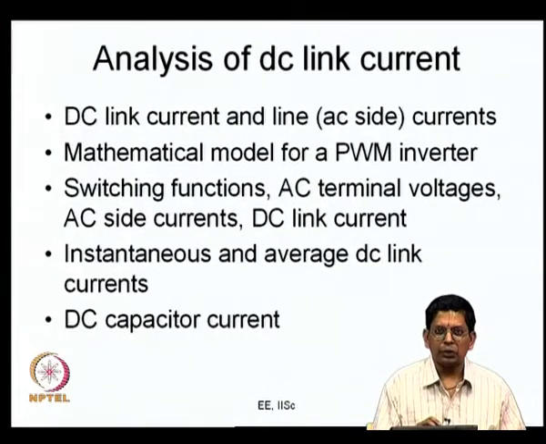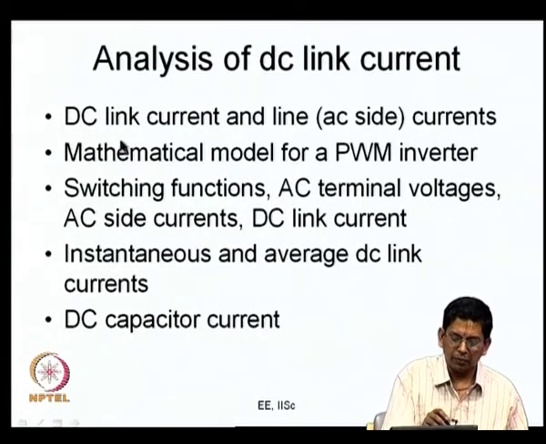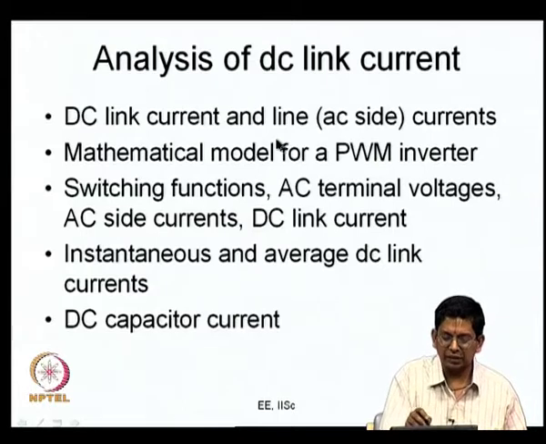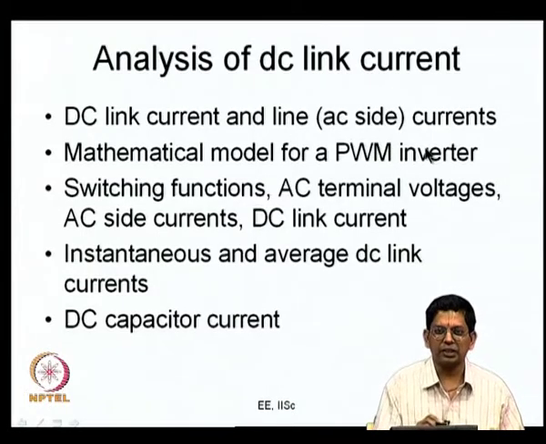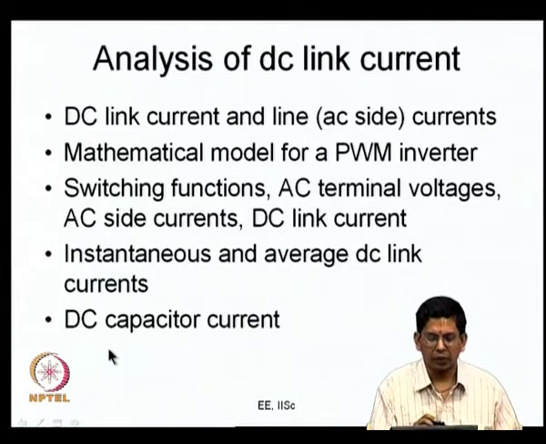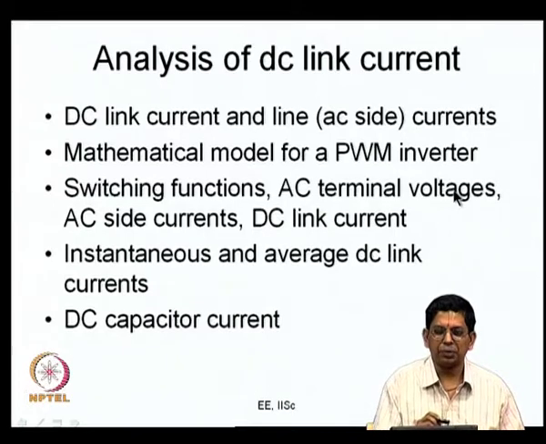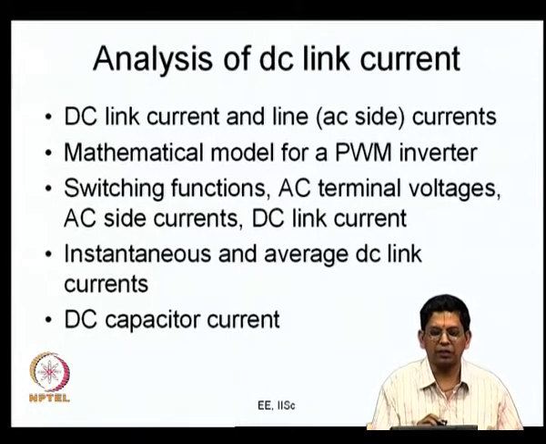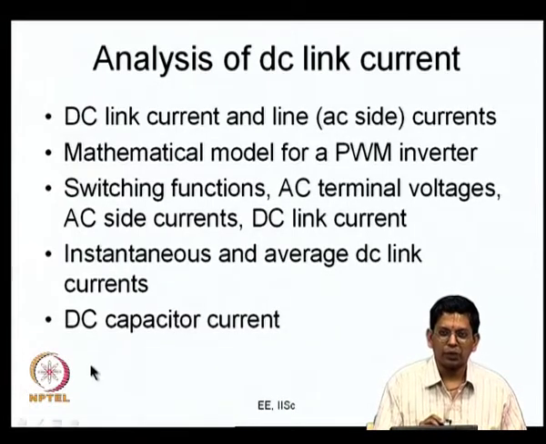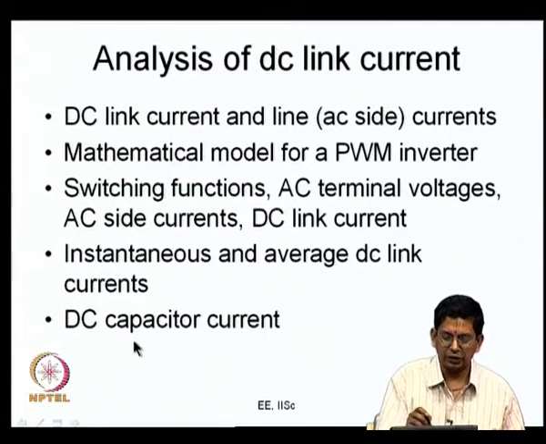We will see how the DC link currents and the line currents, or the AC side currents, are related, and we will work out a mathematical model for a PWM inverter. Let us say you want to solve an inverter using an equation solver package, to do some simulation. You need a simple model, and we will come up with a simple model which you can use in an equation solver.